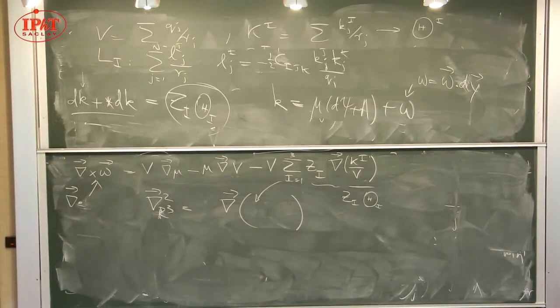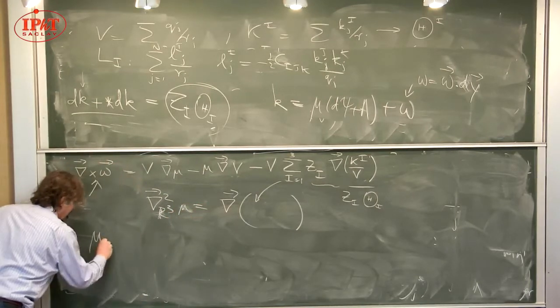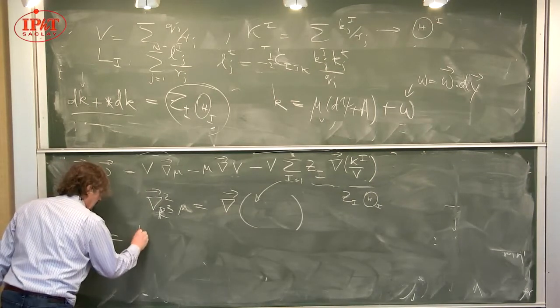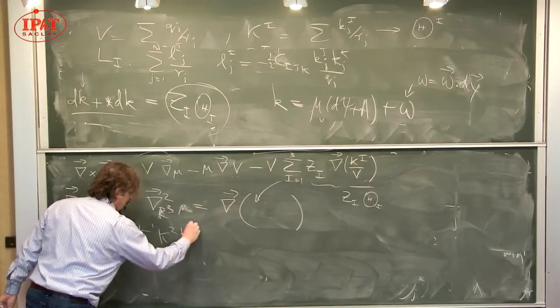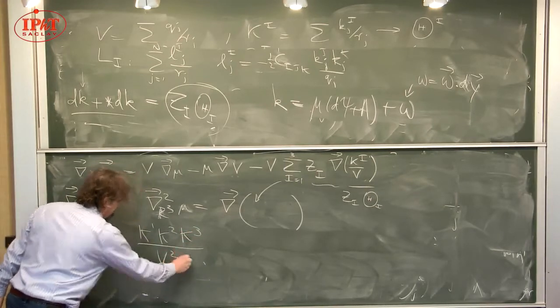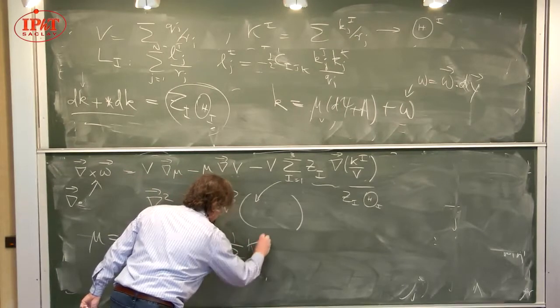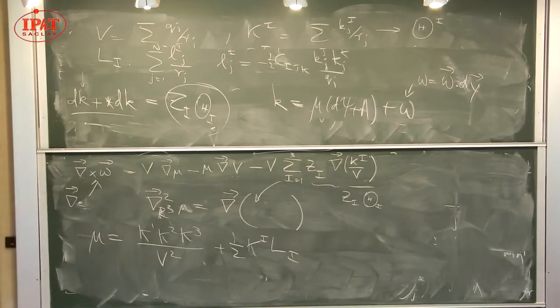You write it out, and it turns out it has a very explicit solution. Mu is equal to K1 K2 K3, all three of them, over V squared, plus a half ki Li, and that exactly solves that equation.